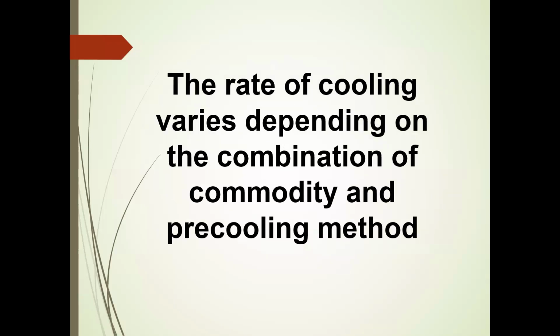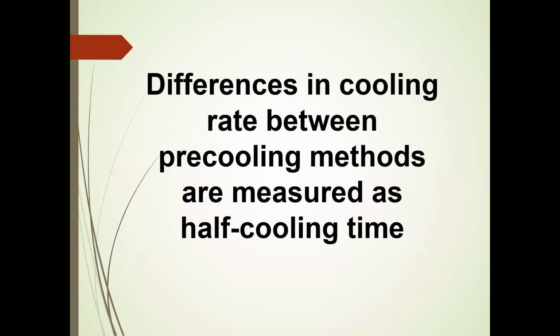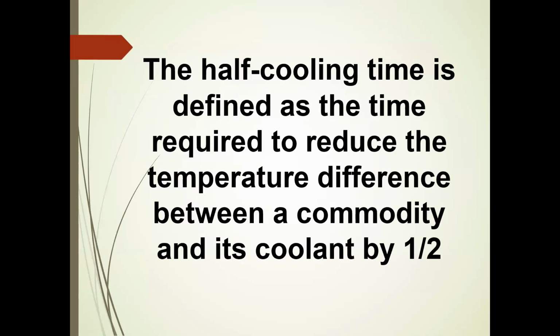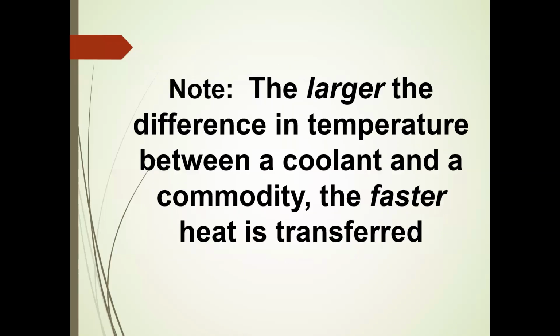The rate of cooling varies depending on the commodity pre-cooling method combination, and differences in cooling rate are measured as half cooling time. The half cooling time is defined as the time required to reduce the temperature difference between a commodity and its coolant by 1/2.